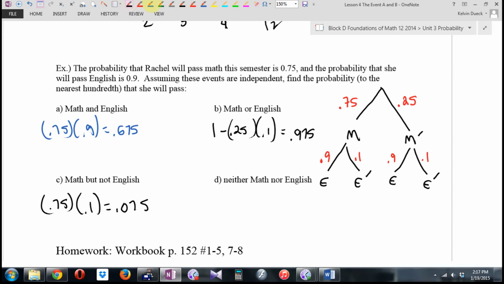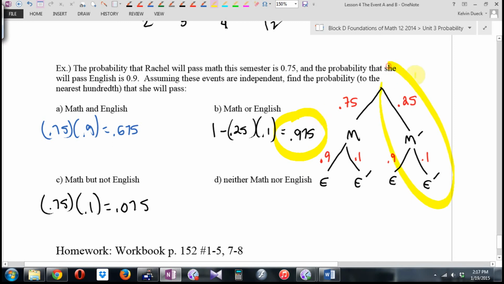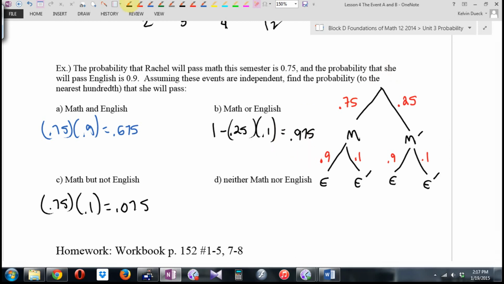Can anybody tell me how you could get the answer to D from that number there without doing any other math? So yeah, it's going to be 1 minus that, which is also going to be the same as multiplying down that branch. Both of those are about the same amount of effort. So what do we get? 0.025.